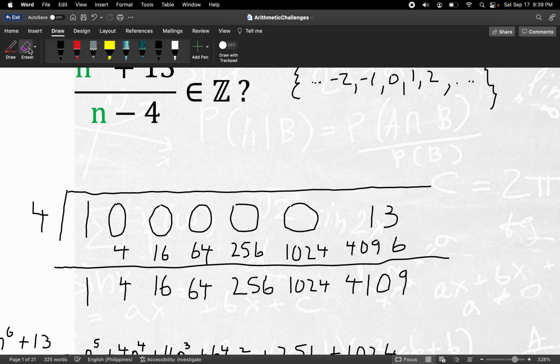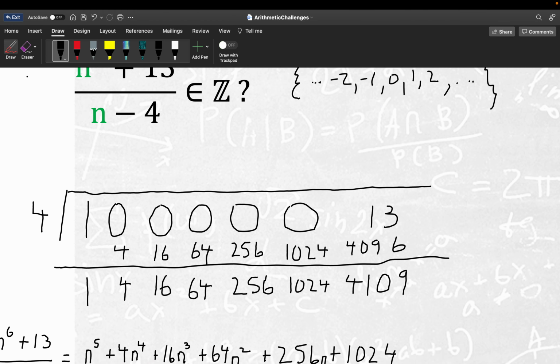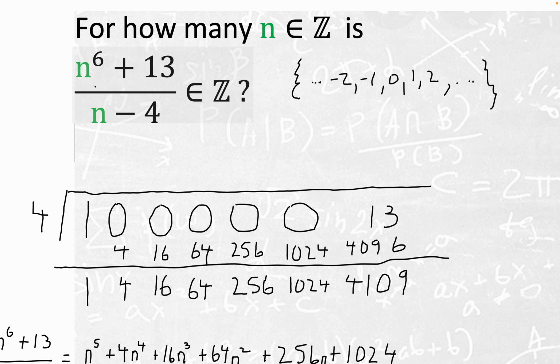Okay, so notice here you have an n to the 5th term all the way to an n term missing. And so this 0 right here would correspond to n to the 5th, all the way down to n, and that explains these zeros.